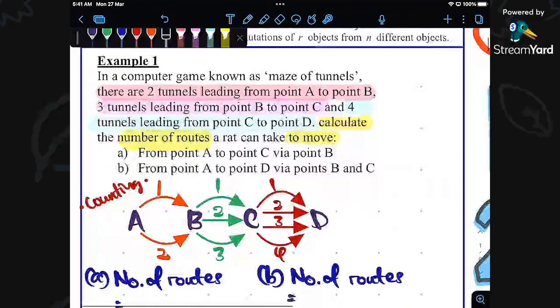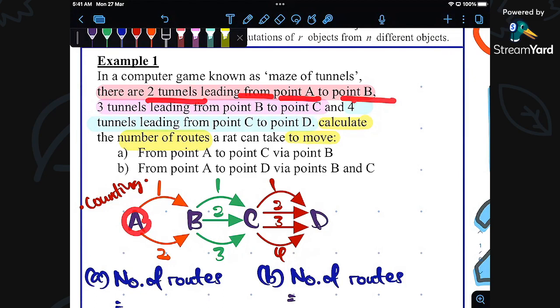Let's have a look at example number 1. In a computer game known as Maze of Tunnels, there are 2 tunnels leading from point A to point B. So this is point A to point B. There are 2 tunnels, 1 and 2, so we put 2 as a total.